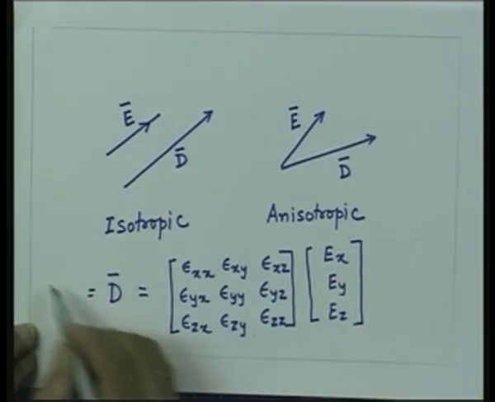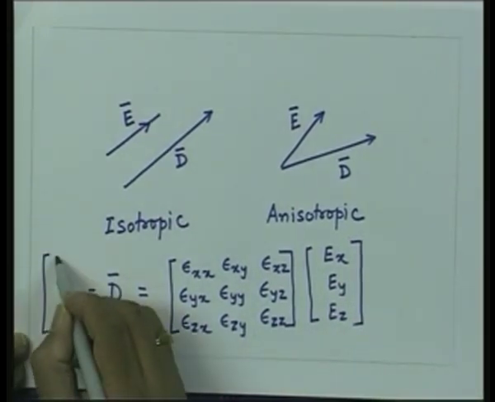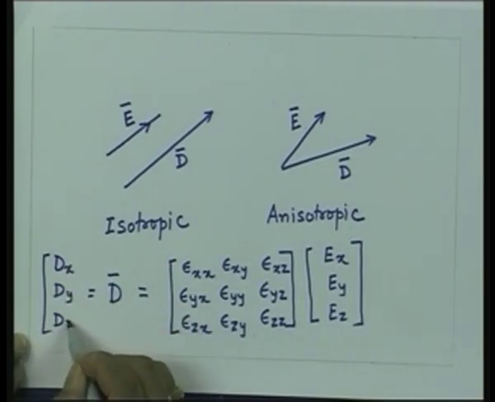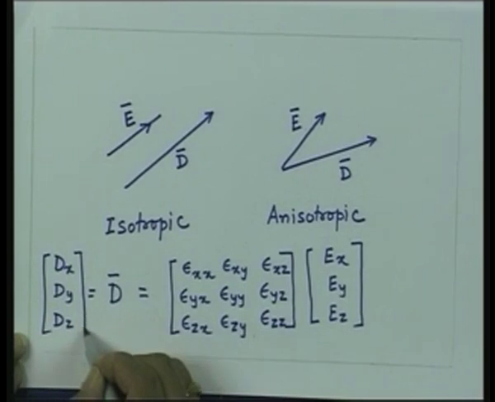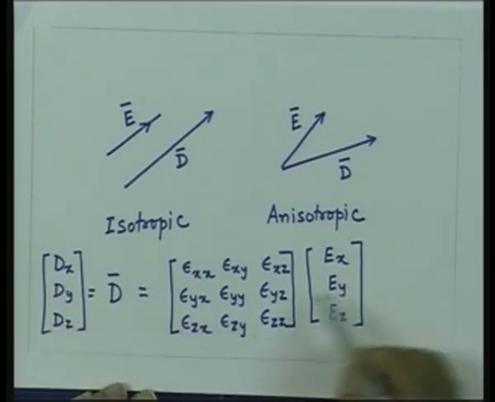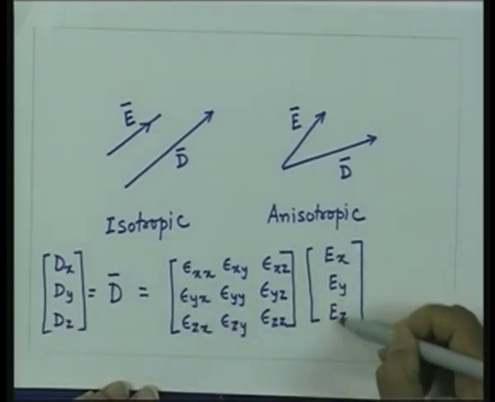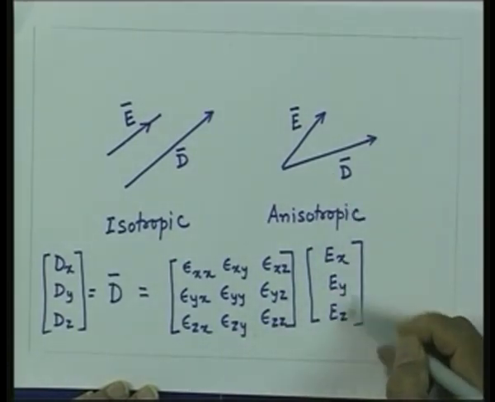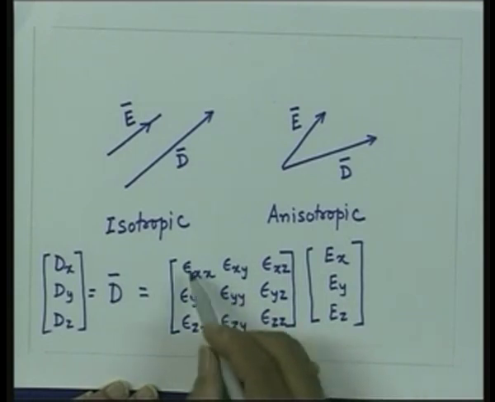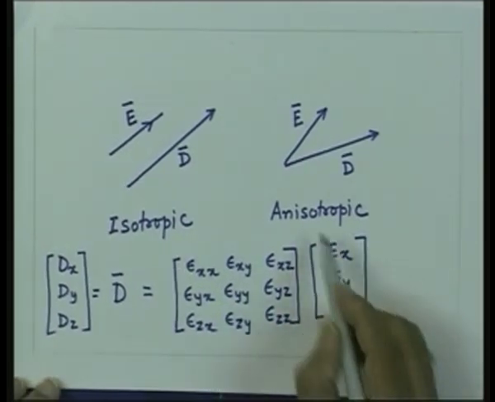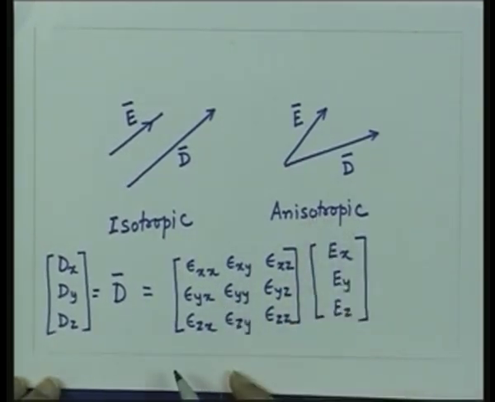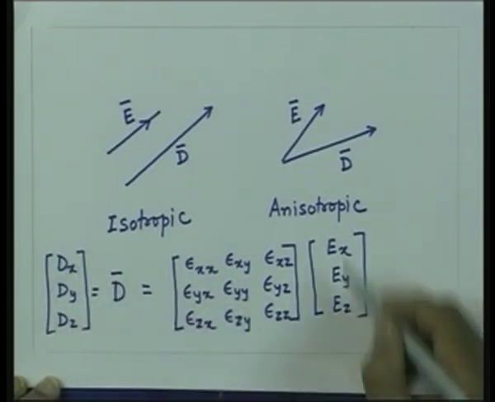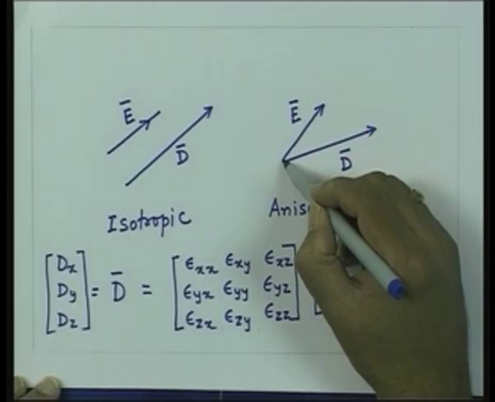So, this is equal to 3 components of the vector, this is Dx, Dy, Dz. As you can see here, if I had a vector whose components are Ex, Ey, Ez, after transforming through this matrix which is the permittivity of the anisotropic medium, that will give me a displacement vector which will not have the same direction as the electric field. So, I will have a situation something like that.